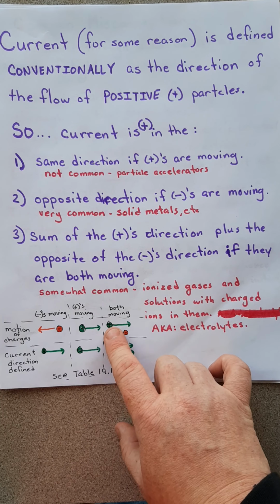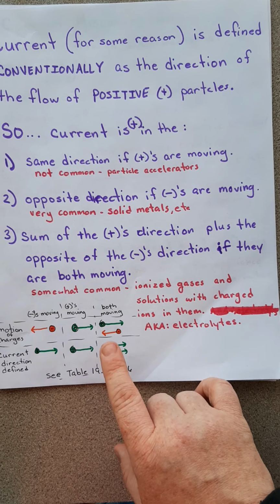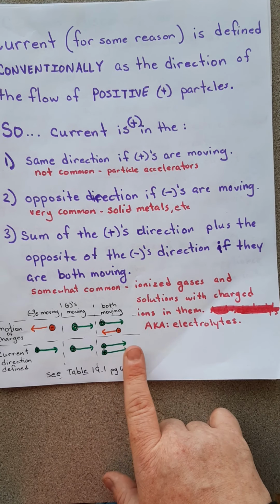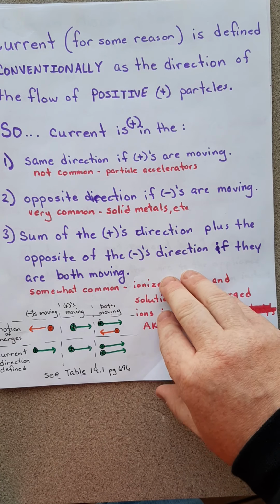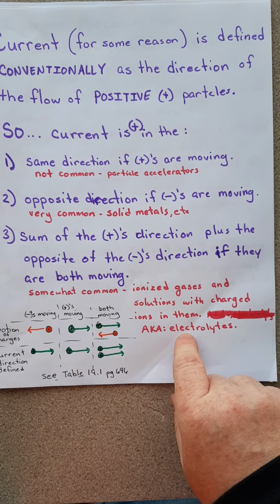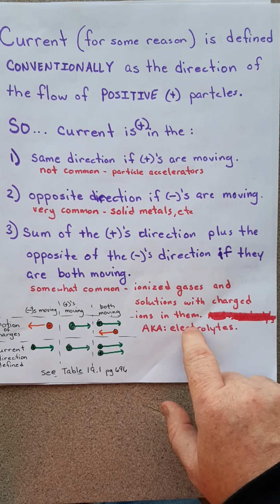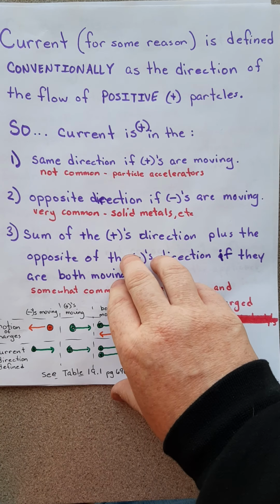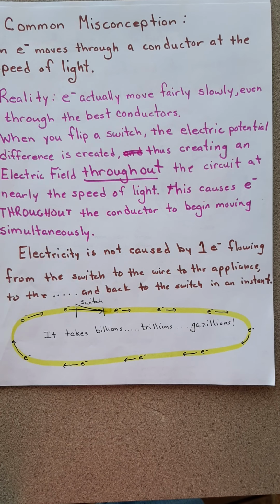And if we have positives moving to the right at the same time that negatives are moving to the left, by convention we sum the two directions to the right. When we think of electrolytes, you may have thought Powerade, Gatorade, Propel, electrolytes dissolved in water, salts, sugars, oh, not really sugars, salts or any other ions.